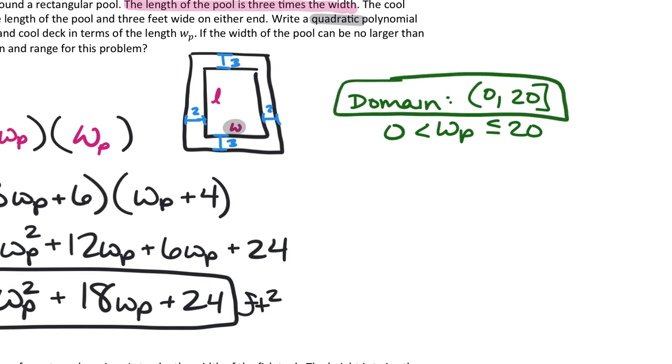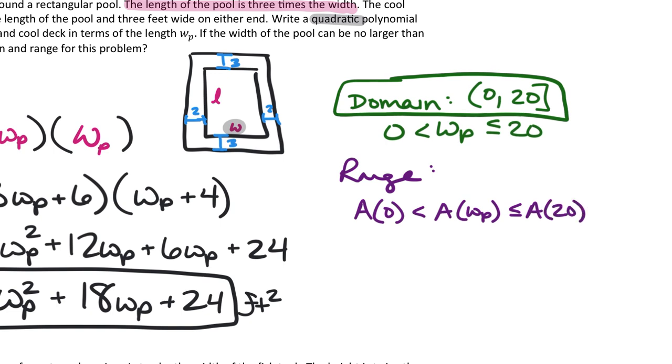Now we need the range. If you remember the relationship between domains and ranges, domains are inputs and ranges are outputs, which means to find this answer, I need to figure out the area if the width would be 0, and I need to find out the area if the width would be 20, because those two outputs are going to be my range.